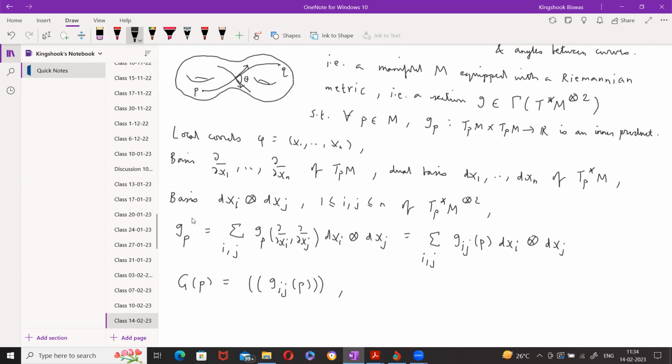So this is a smooth matrix valued function. G is a smooth map into Mn(R).